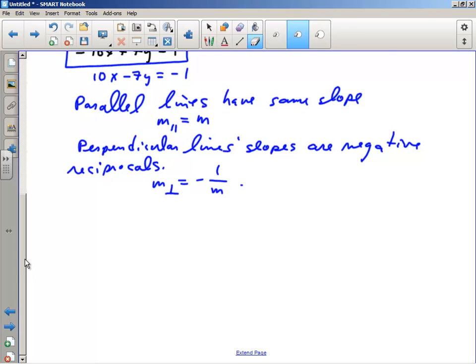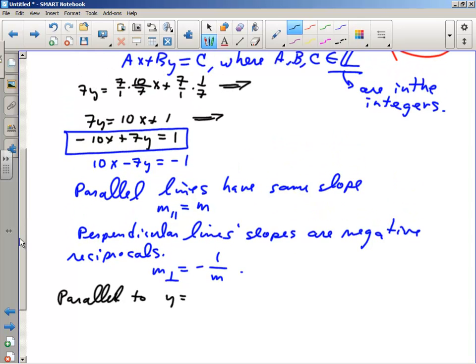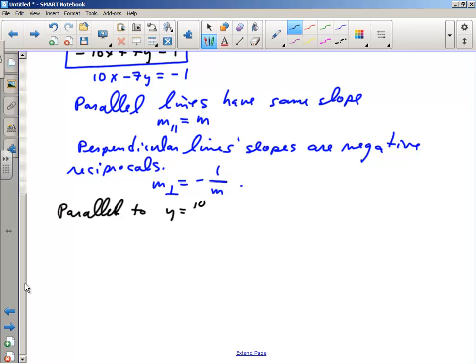So a standard question for this would be: parallel to y equals, what was it? 10 sevenths x plus 1 seventh, through the point (pi, 17).